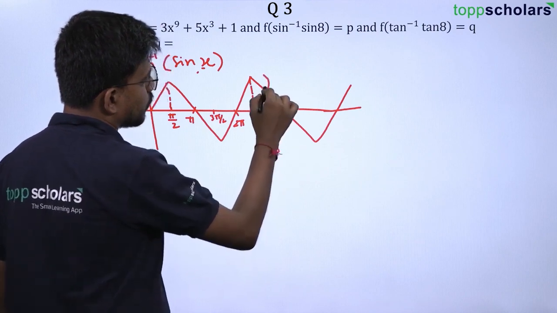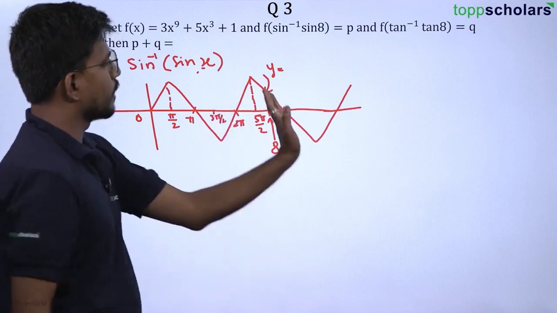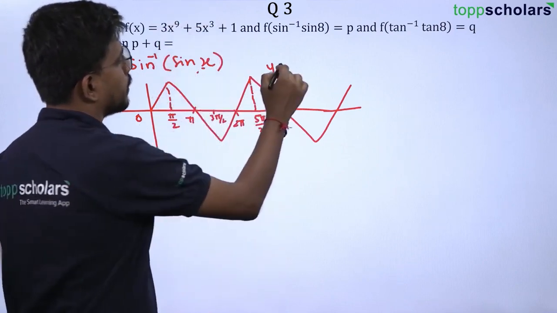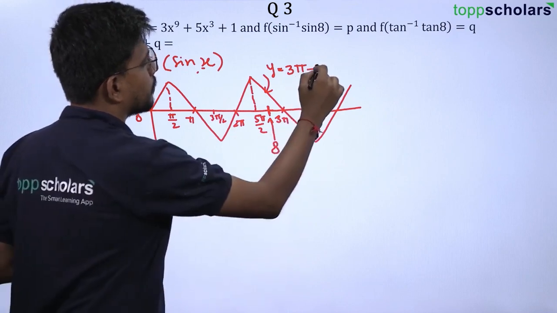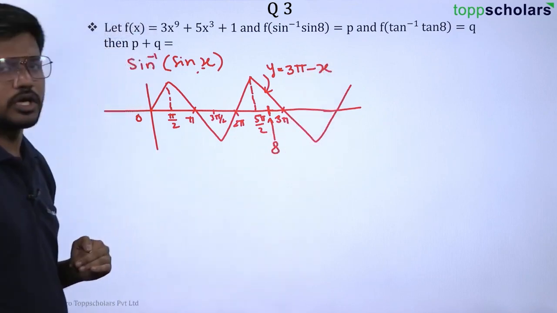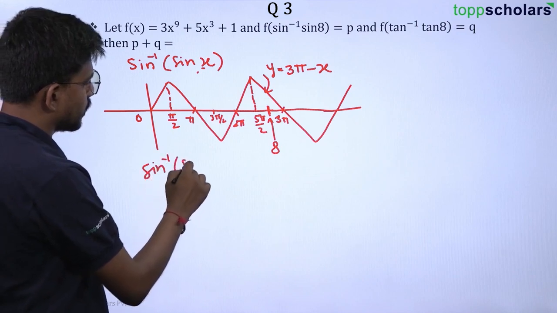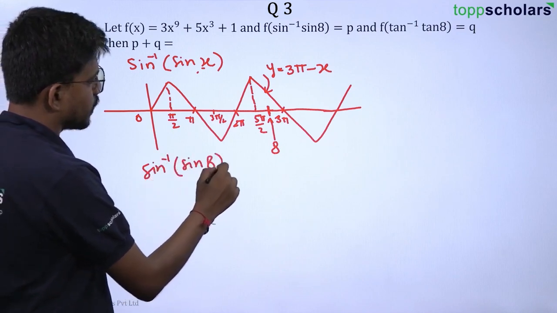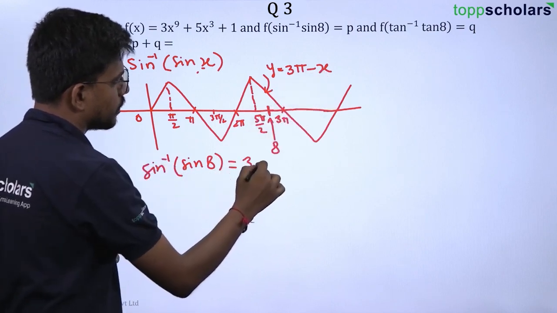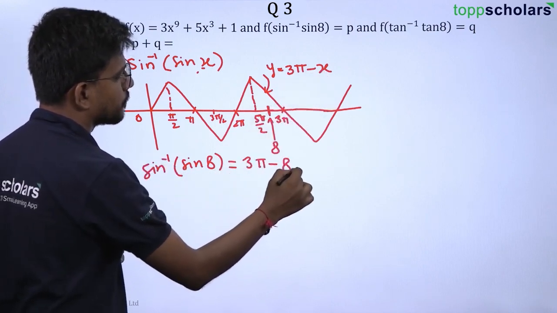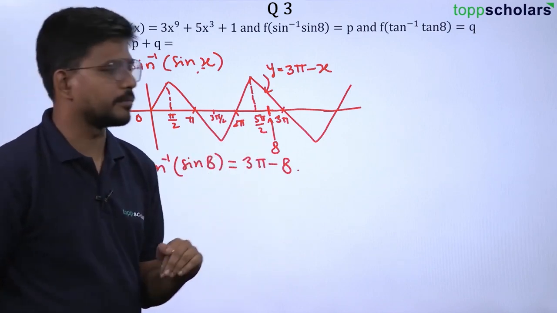Now the equation of this line is actually, as you can see, it has a positive intercept 3 pi and the slope is negative, so 3 pi minus x. Okay, so you can see sine inverse of sine 8 comes out to be, as x lies on that particular line, 3 pi minus x, which is 3 pi minus 8. Okay, so we got the value of sine inverse of sine 8 as 3 pi minus 8.